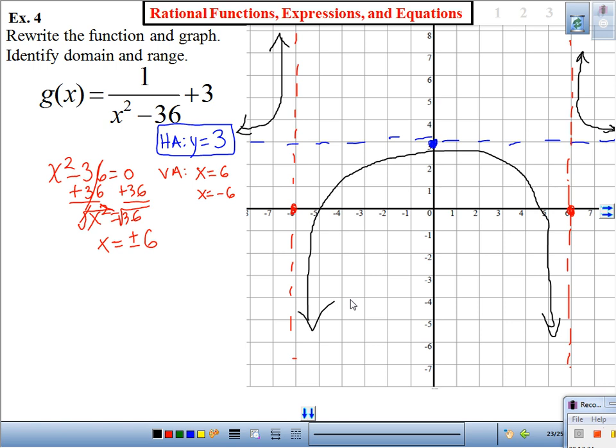So what can we conclude whenever we don't have a factor squared down here, but it's two terms like so? We're going to end up with two vertical asymptotes, one horizontal, and this is going to split up like so with this in between. That will always be like that. Anything else, it's just a transformation.